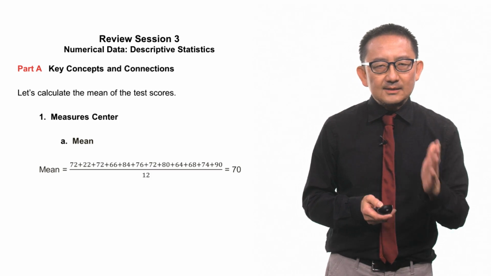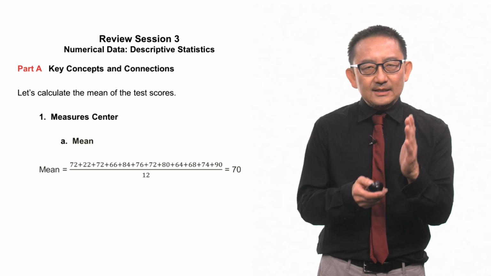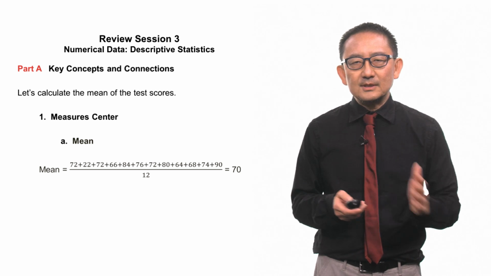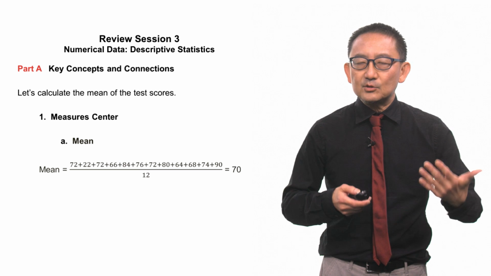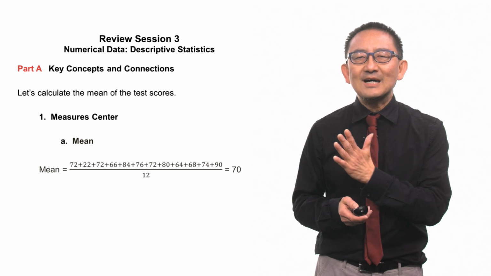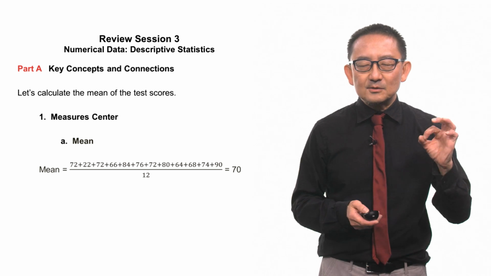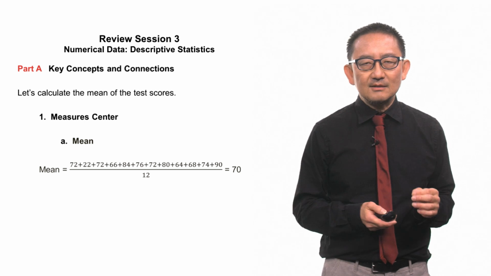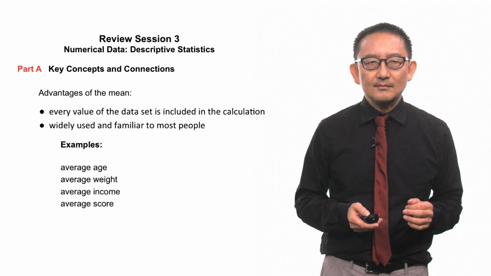In this case, if we took each of those individual data values, put them in the numerator, and divided by 12, because 12 is the number of data values, we would get 70. So 70 is the mean of our data set.